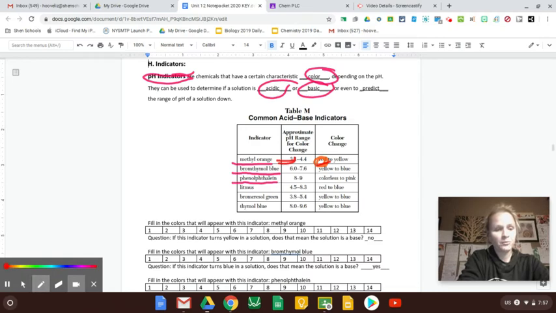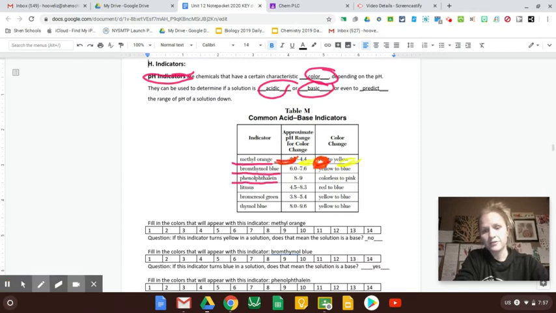And from 4.4 and up, that is all yellow. So sometimes people think these little charts are going to be really easy to read, but you do have to know this little trick. It means the first number goes with the first color. So everything 3.1 and down is red, everything 4.4 and up is yellow.